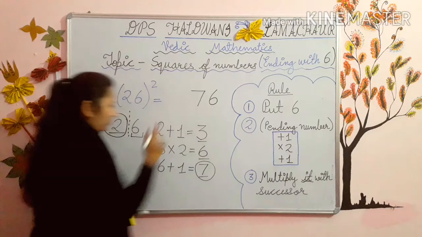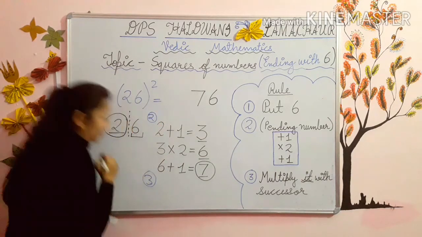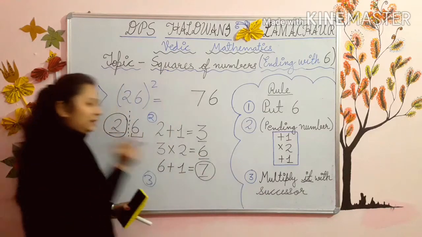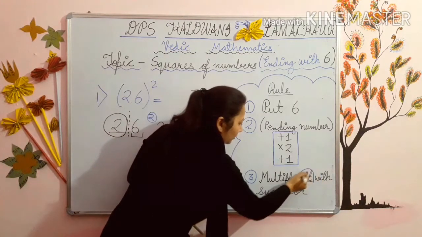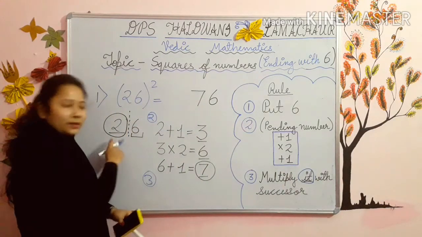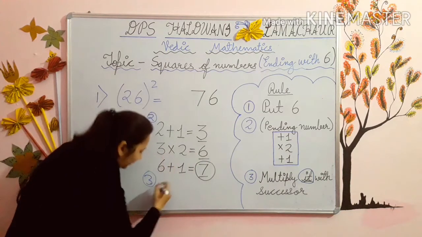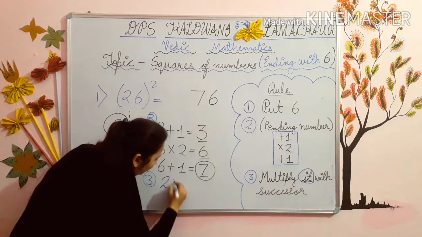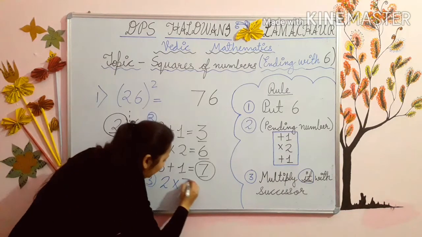Now we are going for the third rule. The third rule was multiply it with successor. So multiply your pending number with successor. Your pending number is 2. What is the successor of 2? 3.